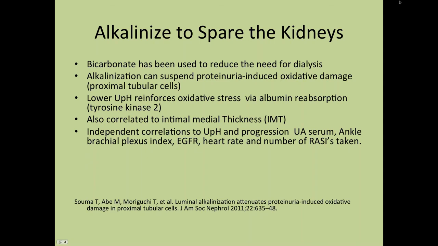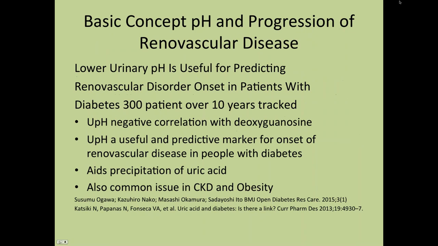But here's the thing: independent correlation to urine pH and progression of uric acid in serum. So the higher your uric acid in serum goes, the more you're taking on oxidative damage in your kidneys, triggering systemic inflammation because the hydroxyguanosine is going up. So it's predictive, right, for renovascular disease.